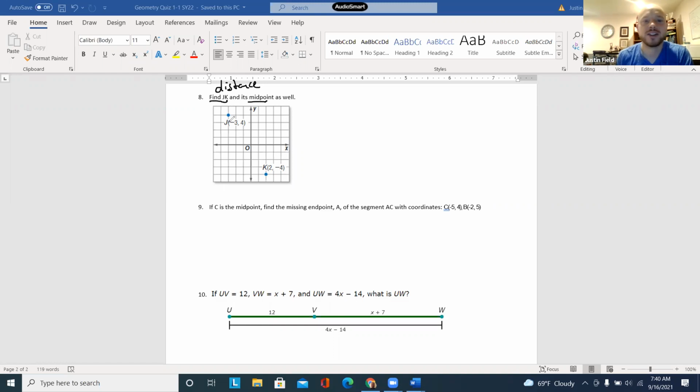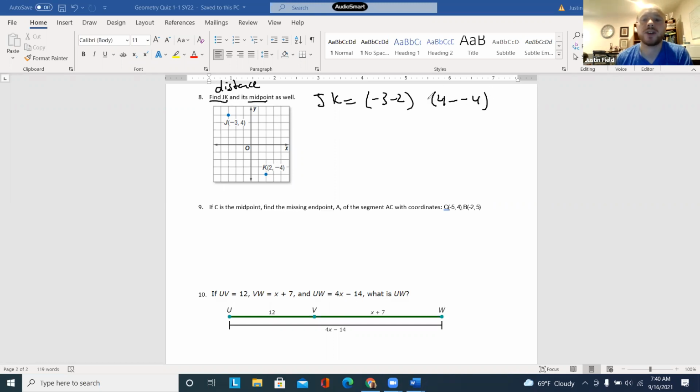All right, so let's find the distance. Let's find JK. And so it's x2 minus x1 squared plus y2 minus y1 squared. So I'm going to minus the x's. Negative 3 minus 2, that's x2 minus x1, and 4 minus negative 4.